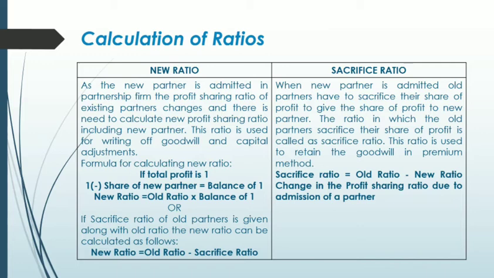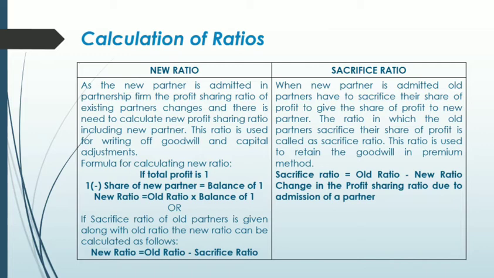The formula for calculating the new ratio, if total profit is 1, we will find out the balance of 1, that is 1 minus share of new partner, and then we calculate the new ratio. New ratio is equal to old ratio into balance of 1.